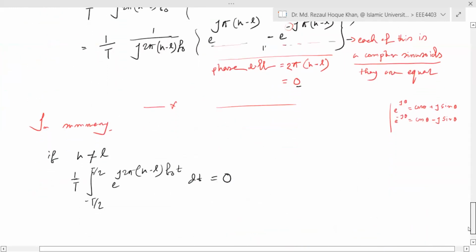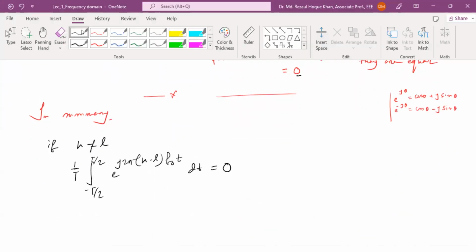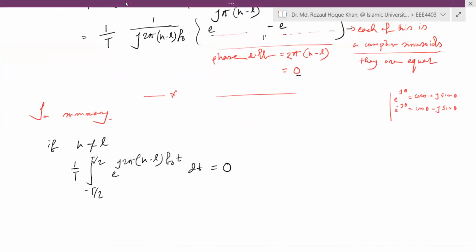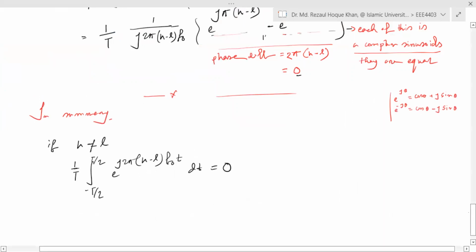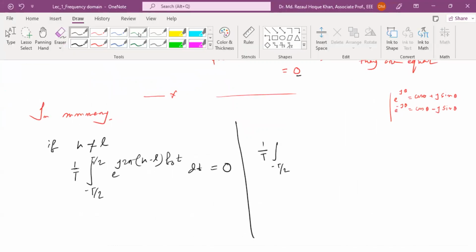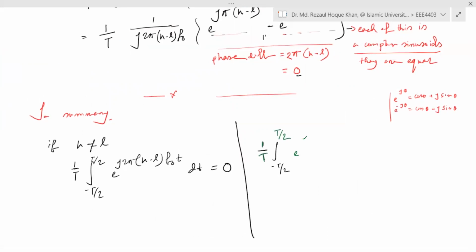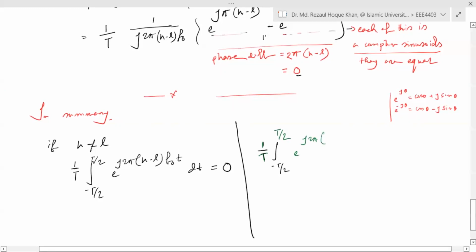So we can write that there are two conditions. The whole summary is 1 by T integral from minus T by 2 to T by 2 of e to the power j 2 pi (k minus l) f0 t dt.